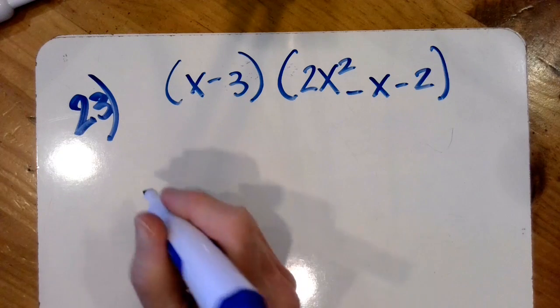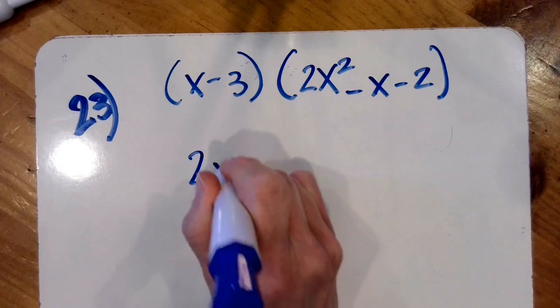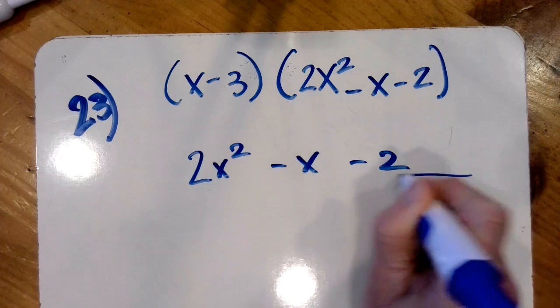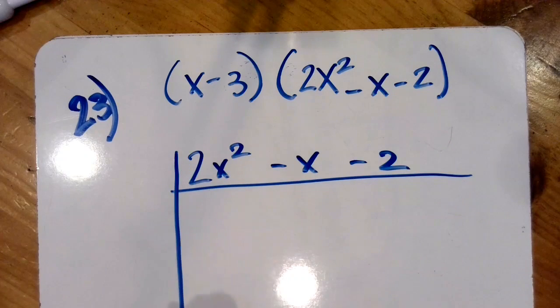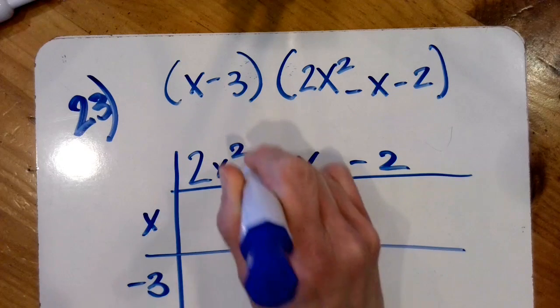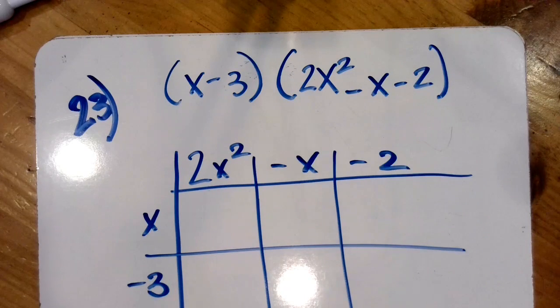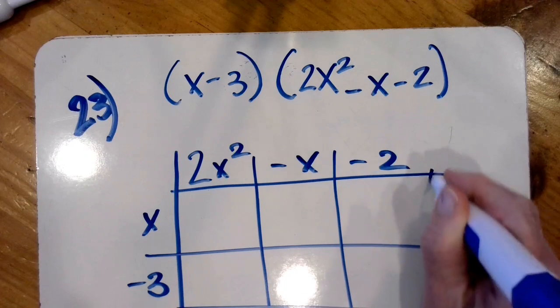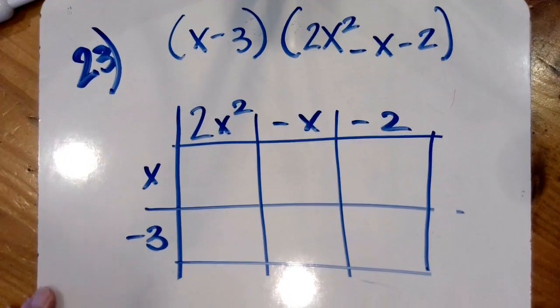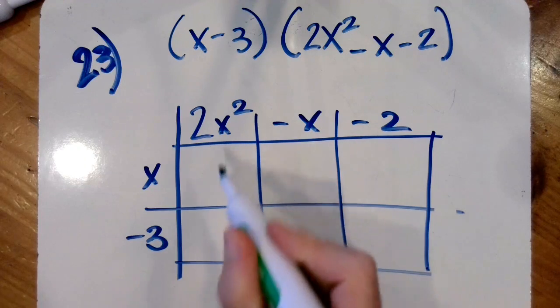Okay, so we'll have 2x squared minus x minus 2 across the top and x minus 3 across the side. And we'll go ahead and draw the rest of our box. There we go. Alright, let's fill in values.